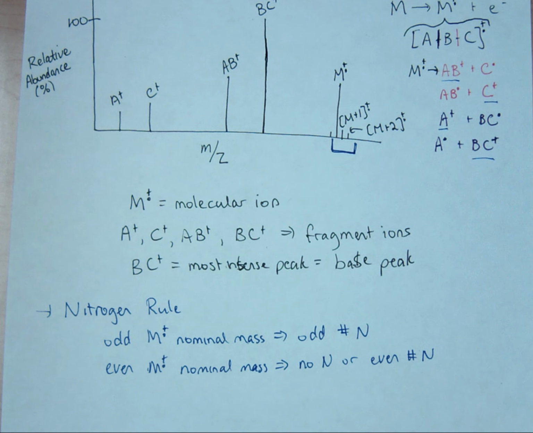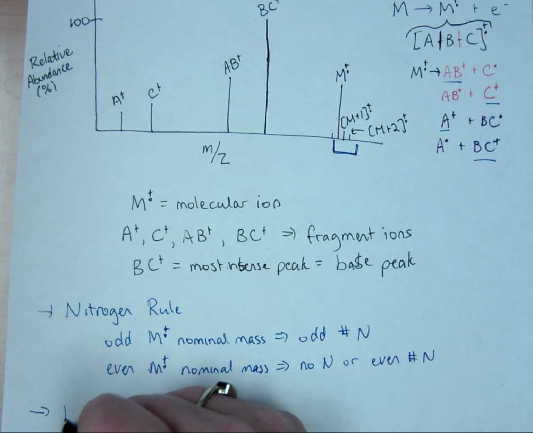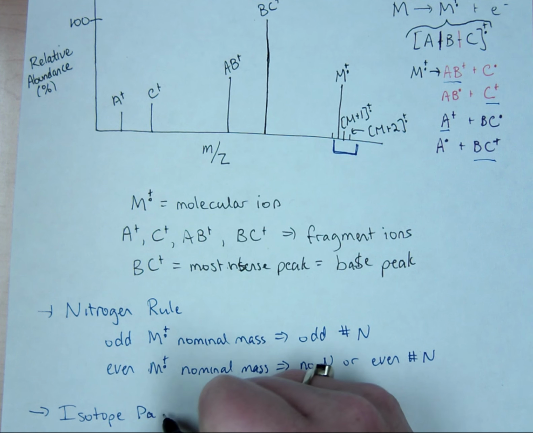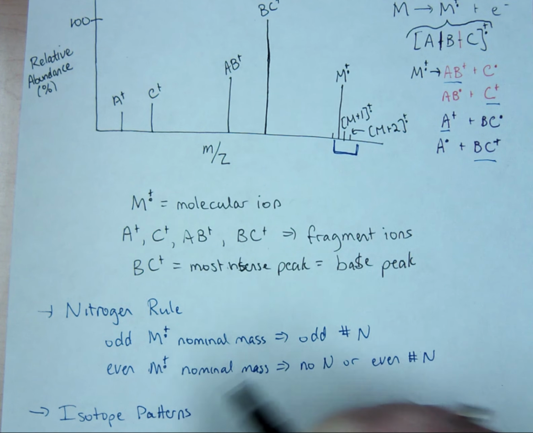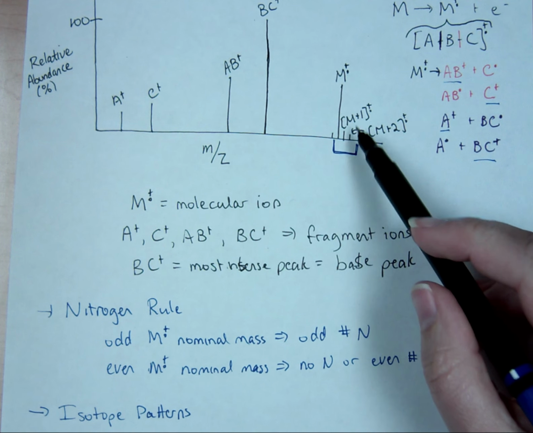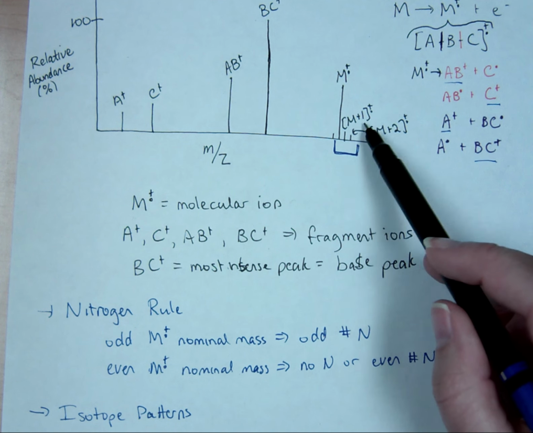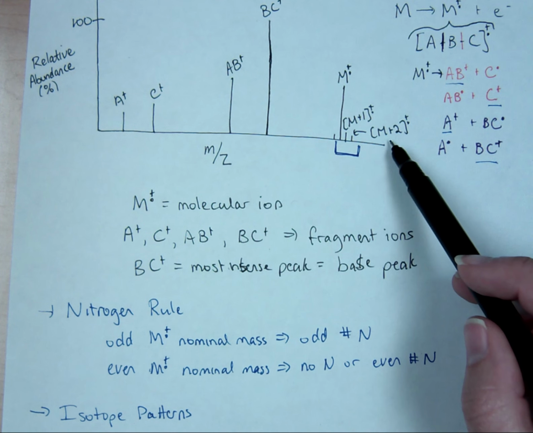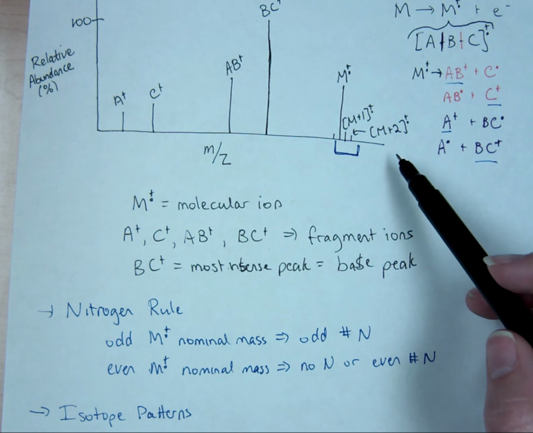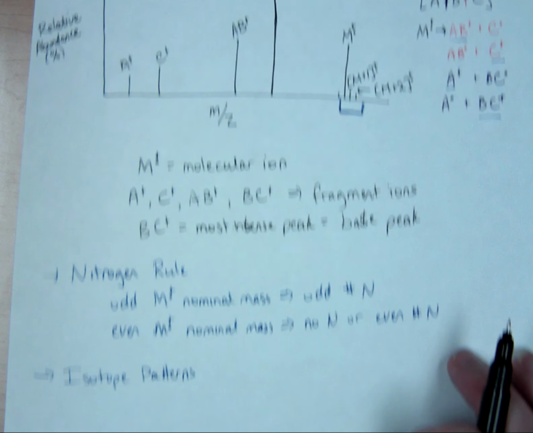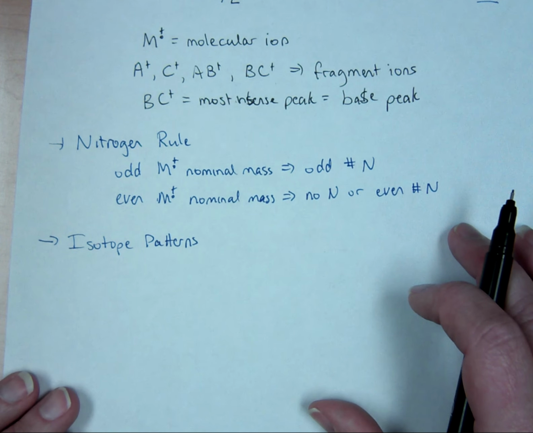The next thing that we're going to look at is the isotope patterns. When we look at isotope patterns, we're going to want to look at the M dot, our molecular ion, our M plus 1, so that plus 1 isotope, or the plus 2 isotope, and compare that to what we know about naturally occurring isotopes. So let's look at some naturally occurring isotopes.